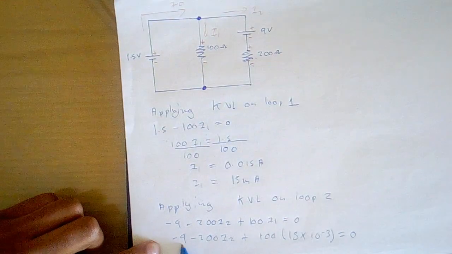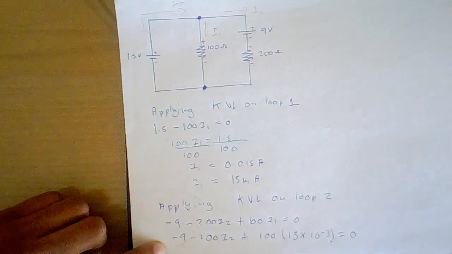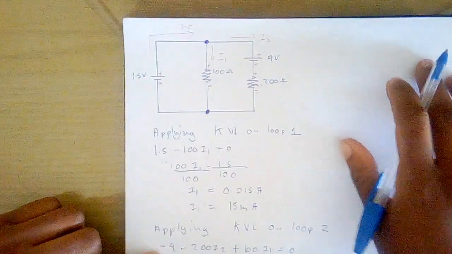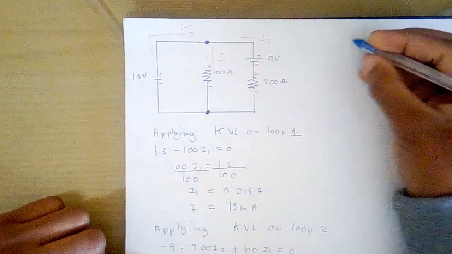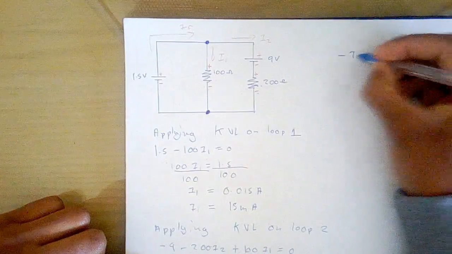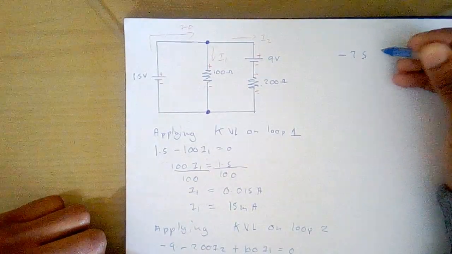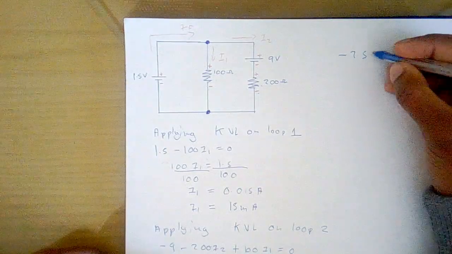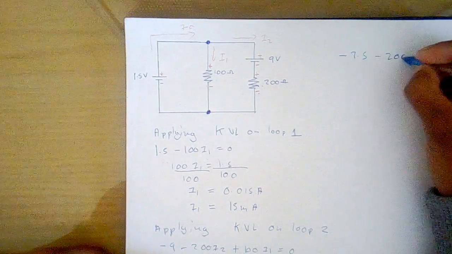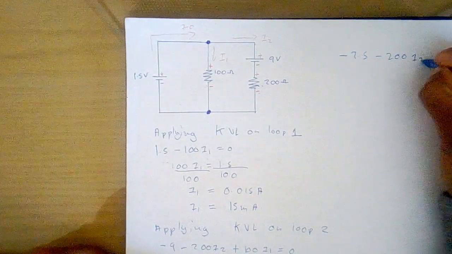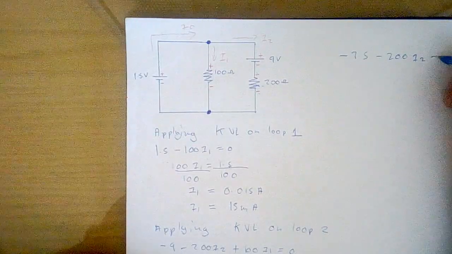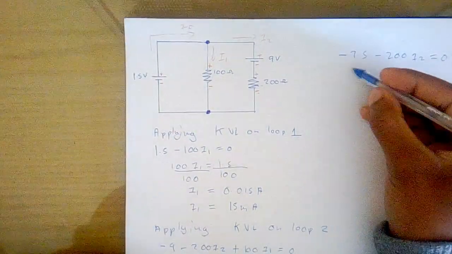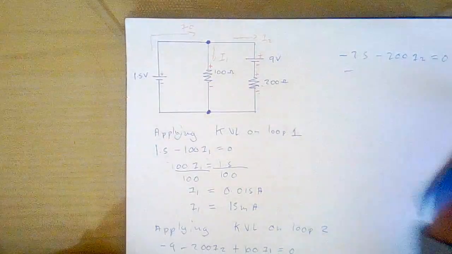And you can just add this and this. They're going to give you I2 equals to 0, and then you can just solve this.